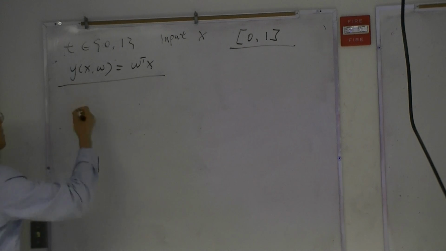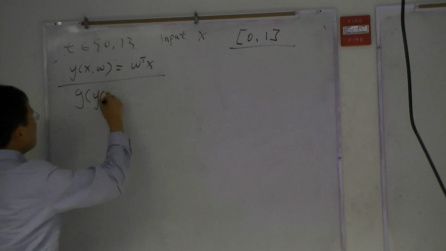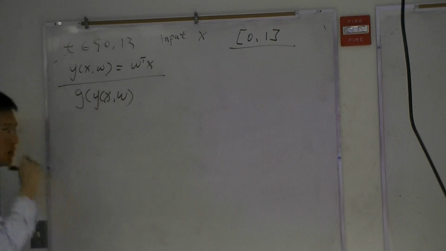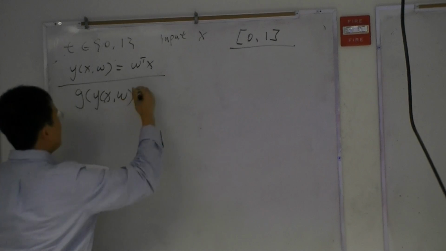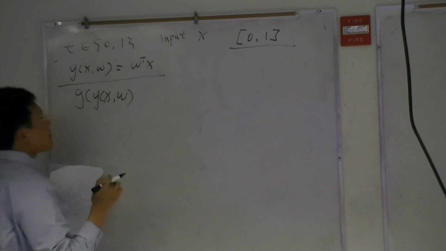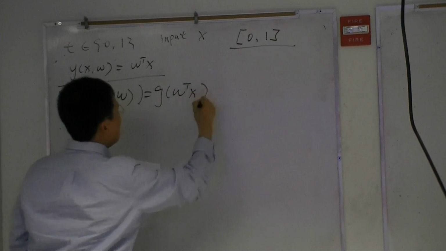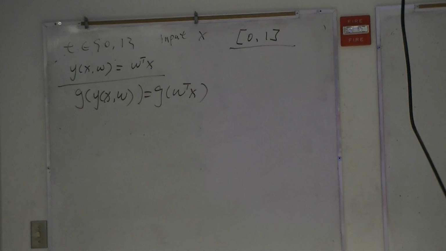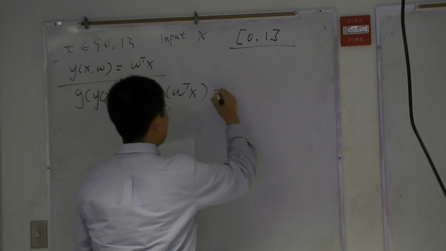In this case, we can use some function to transform the output of the original linear function, and then we can make sure the output is within 0 and 1. So the problem is how to choose this function. I will give you the function first, then explain why we choose it.